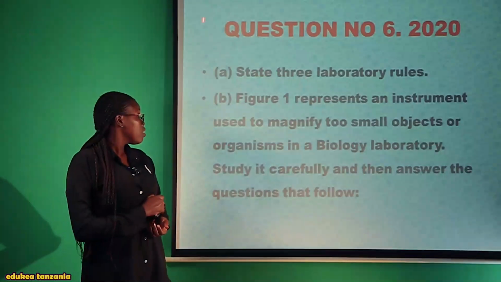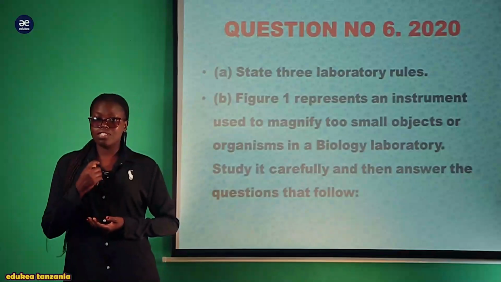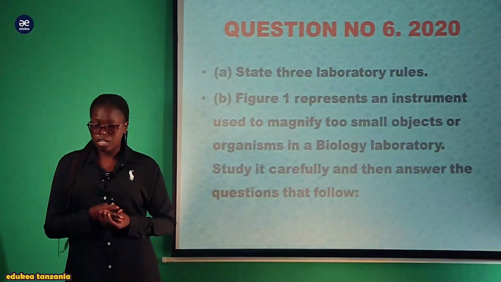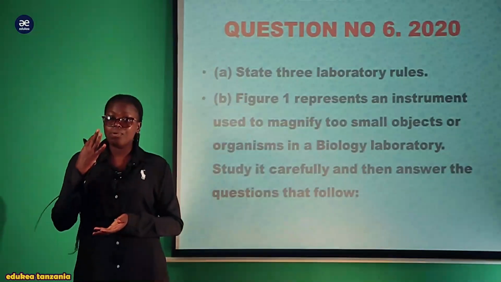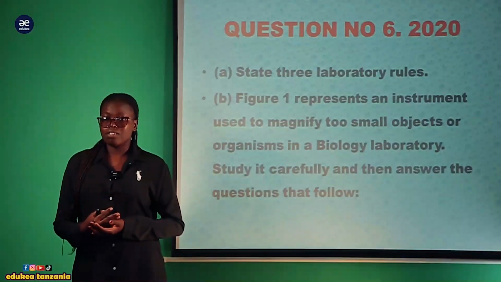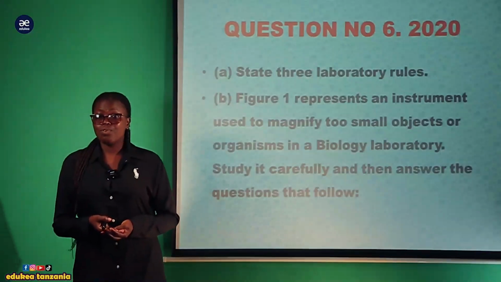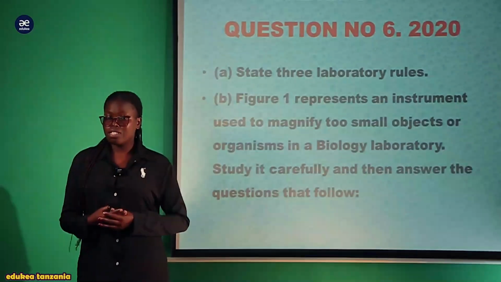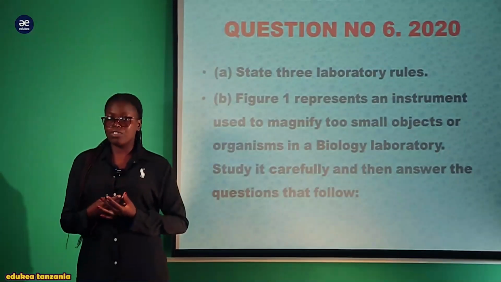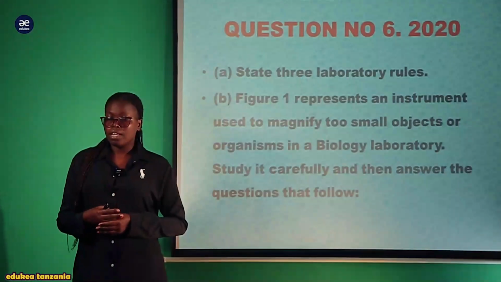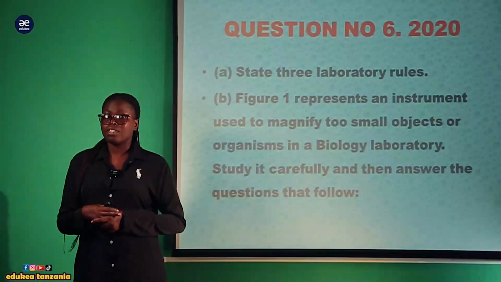So for question Roman A of question number 6, we need to state only 3 biology laboratory rules. Make sure that you follow the instruction. Once you are asked to give 3, please give only 3 points. As long as you are studying biology, you are a biologist. So as a biologist, you are performing a variety of biological experiments in the biological laboratory.